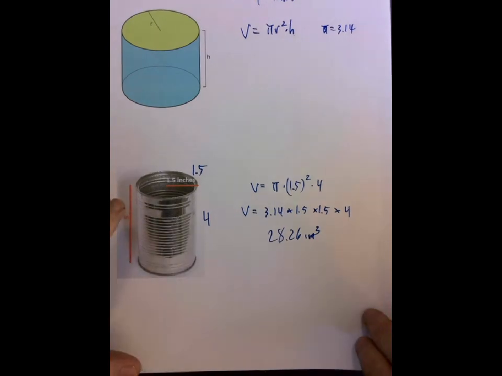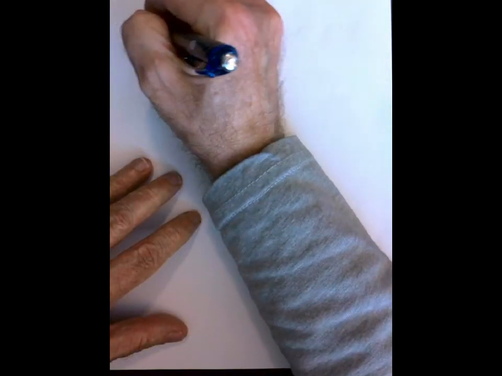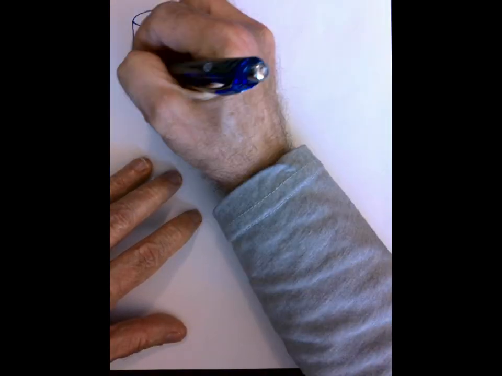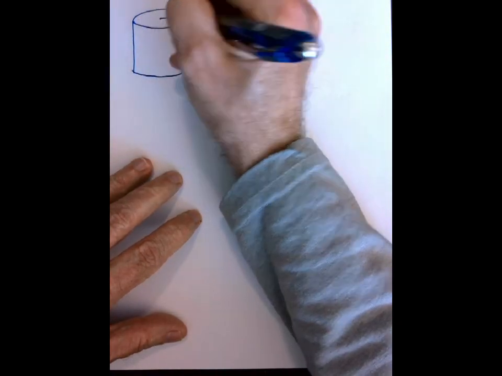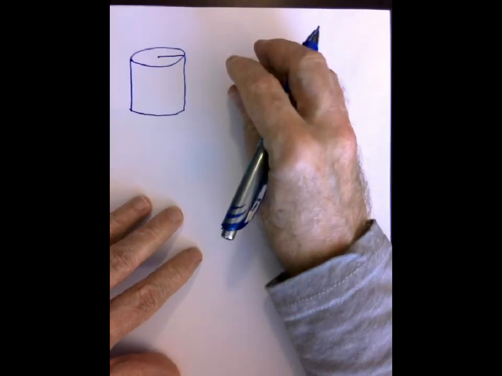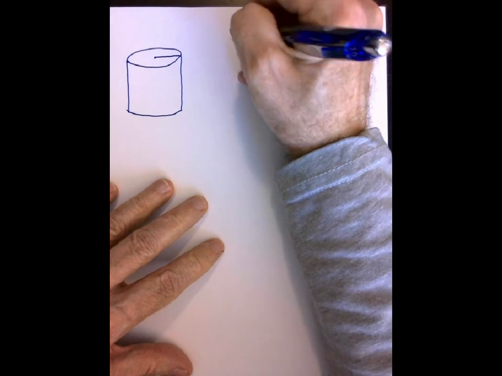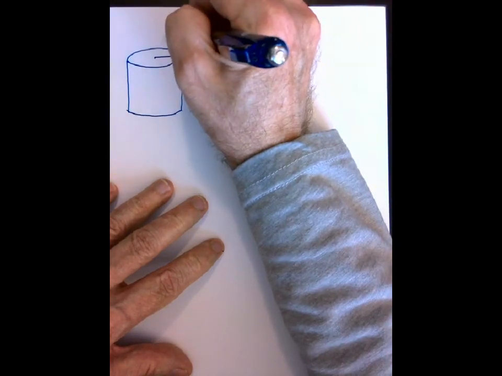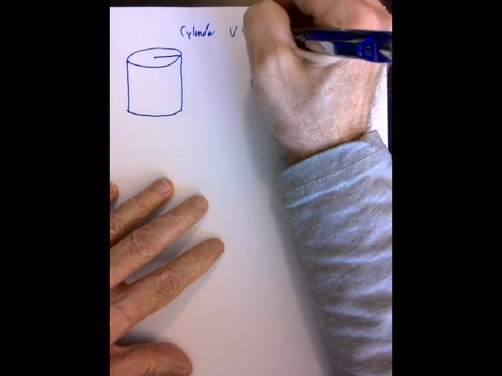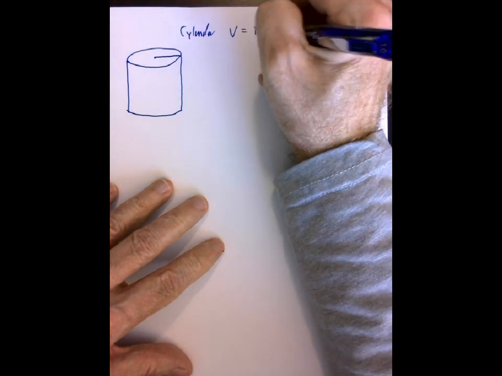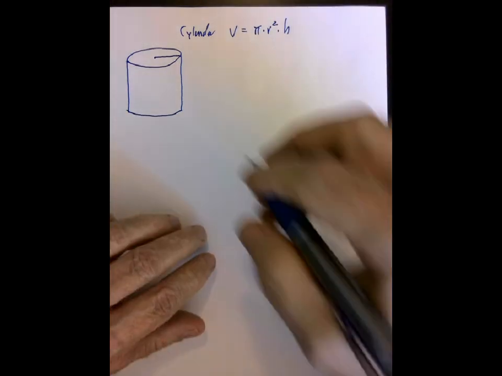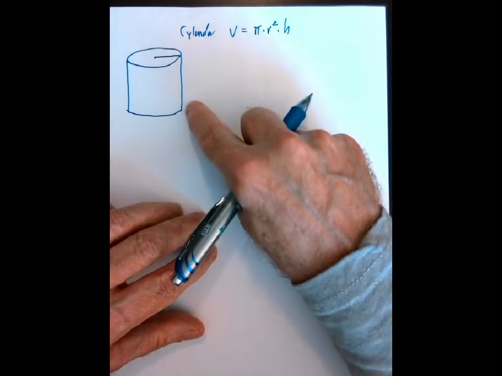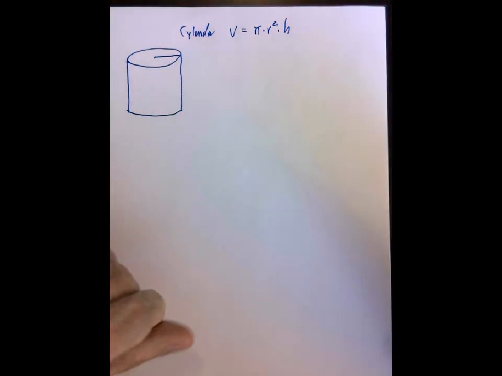All right, so let's try another couple of those. Let's say we've got this one like this. Okay, here's the can, and remember our volume formula for a cylinder: pi times radius squared times height, where this is the height from top to bottom and the radius is the radius of the circular top or the circular bottom.